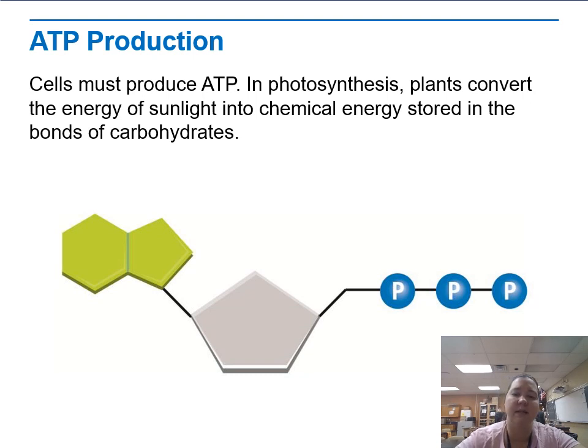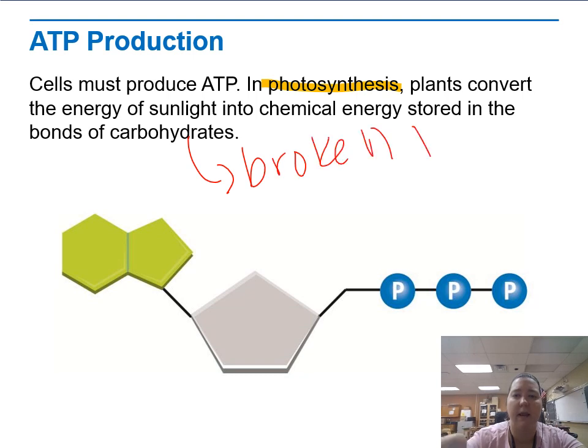In photosynthesis, which is one of the things we're going to talk about, plants are using the energy of sunlight to create carbohydrates, and then those carbohydrates will be broken down into ATP.